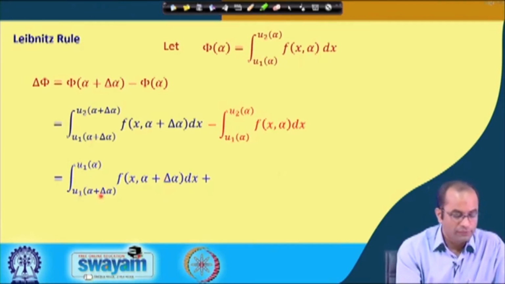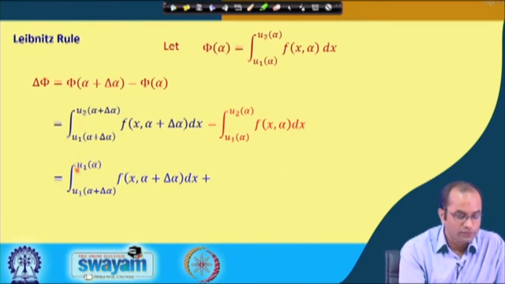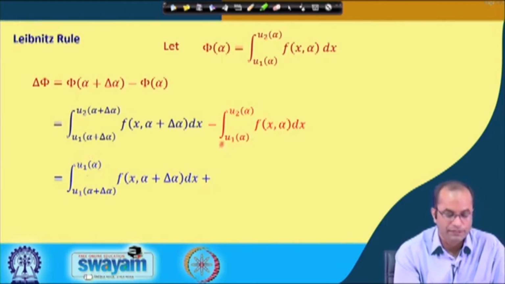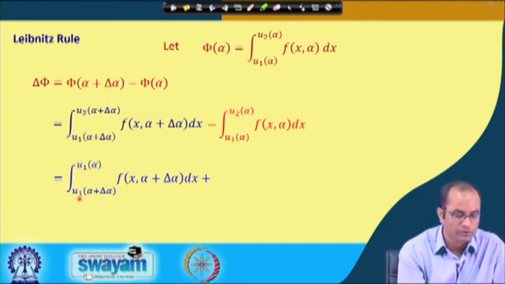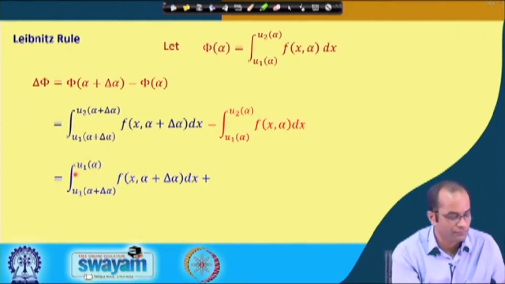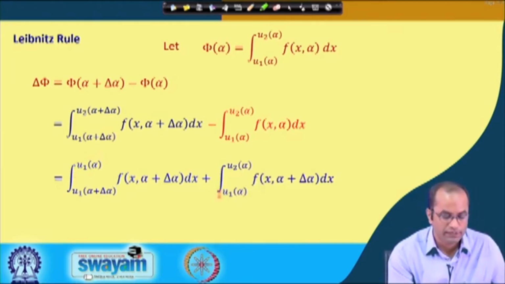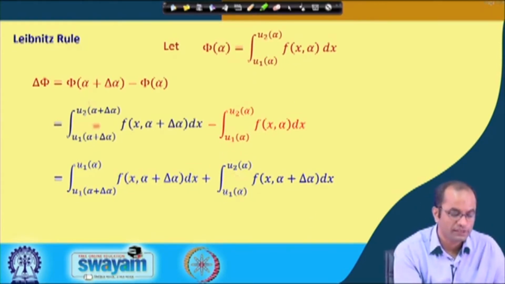So, u 1 alpha plus delta alpha, and we are going to insert a number which is actually appearing here, u 1 alpha. So, up to u 1 alpha, this integral we are going to break now. So, u 1 alpha plus delta alpha to u 1 alpha, then u 1 alpha to u 2 alpha, and then from u 2 alpha to the end of the limit.